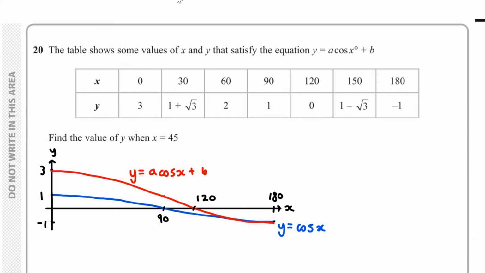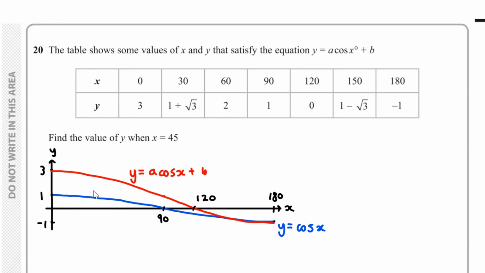So that tells us that the graph has been translated up by 1 unit. And you can see the amplitude of the graph in red is, we're going from minus 1 to 3, so the amplitude is 2. Because the amplitude for normal cos is just 1, going from 0 to 1.